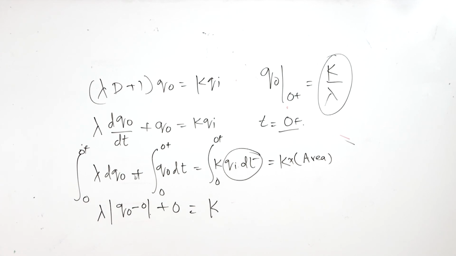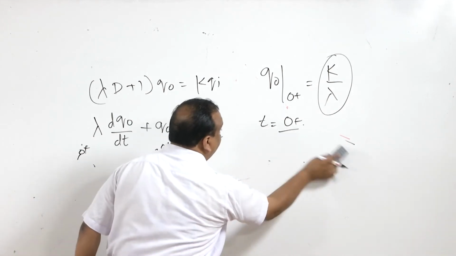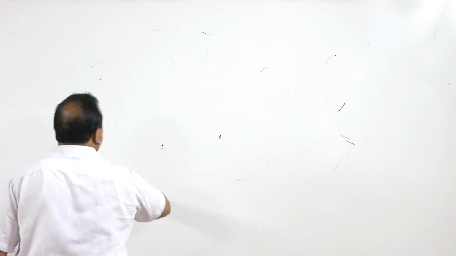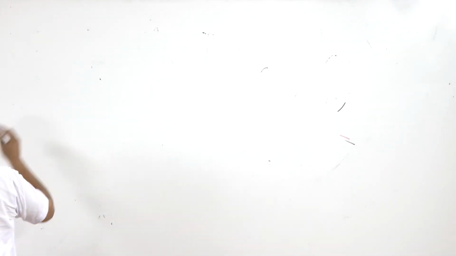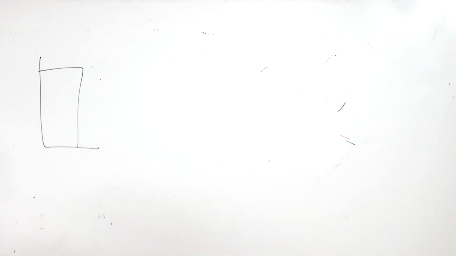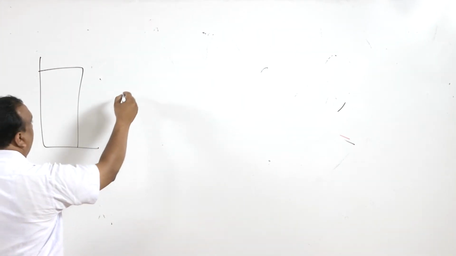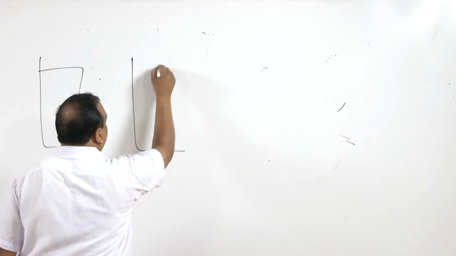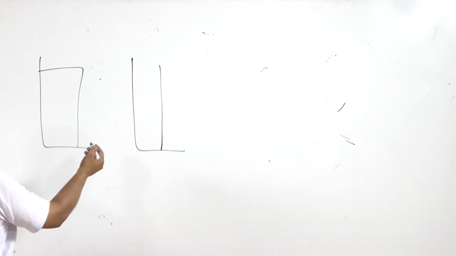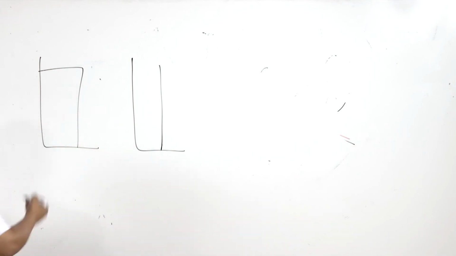Now, the impulse signal can also be represented as a differential of a step input. Suppose in an instrument there is a step input. If I differentiate this signal, I will get a vertical line, right? Because in actual practice, the step input is not like this.